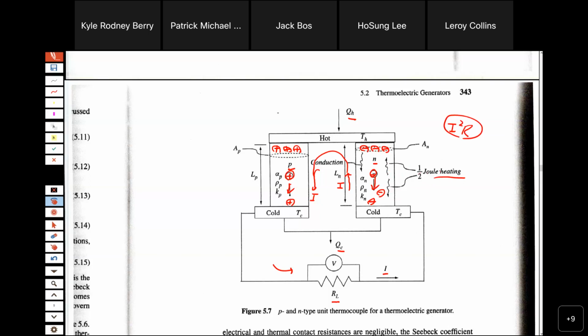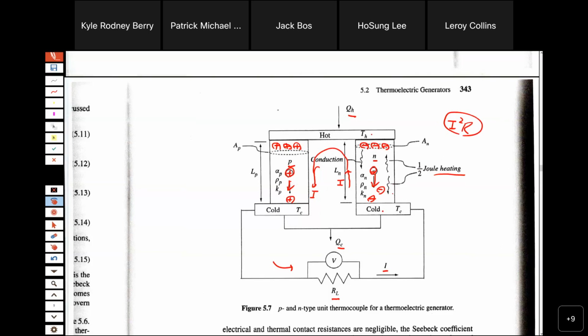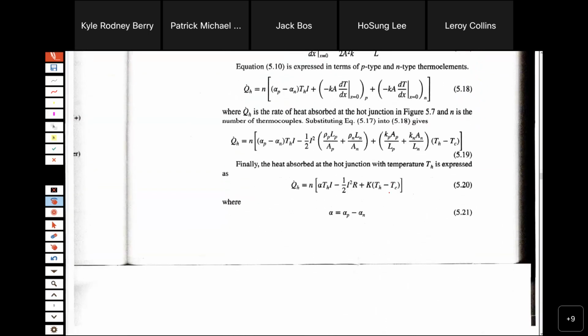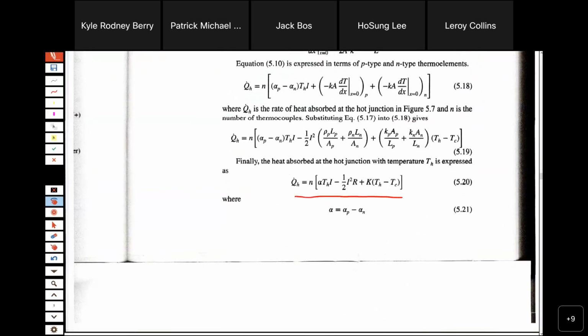One more phenomenon is conduction. With high and low temperature, there is conduction. Thermal conduction taking place is irreversible. So we come up with this: Peltier cooling and heating.